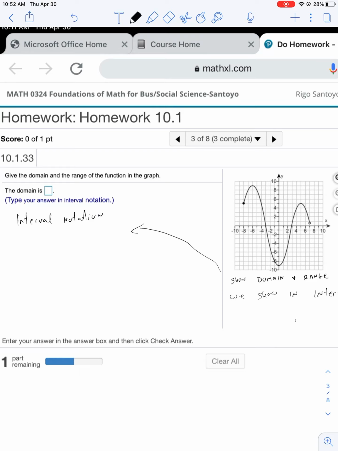It's either going to start with an open bracket or open parenthesis, followed by the smallest number, followed by a comma, then the largest number, then a close bracket or close parenthesis.